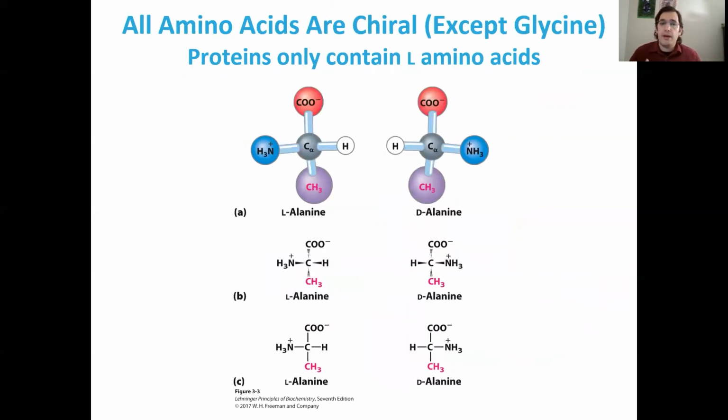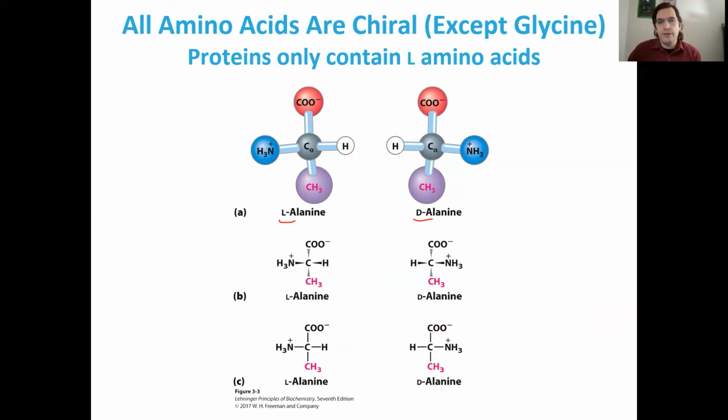Now, of course, whenever we have 4 unique groups attached to a single atom, in this case our alpha carbon, that creates a molecule that can be chiral, right? You should remember this from your organic chemistry class. So we actually have 2 different chiral forms of our amino acids. In biochemistry, we commonly use an L and a D to distinguish between our 2 different enantiomers here, or 2 different chiral forms.